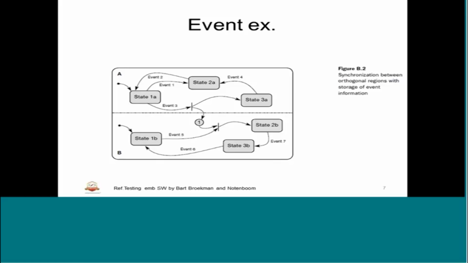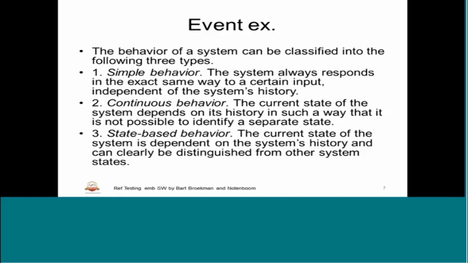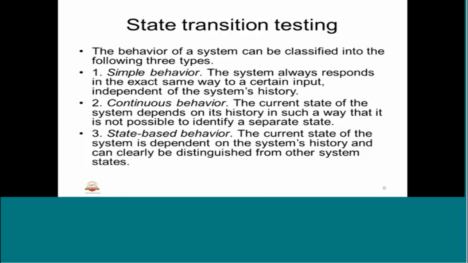Then we studied about 2 regions basically, which can switch between states such as this. Then we know that the events or the state transitions can be tested with the help of behavior.